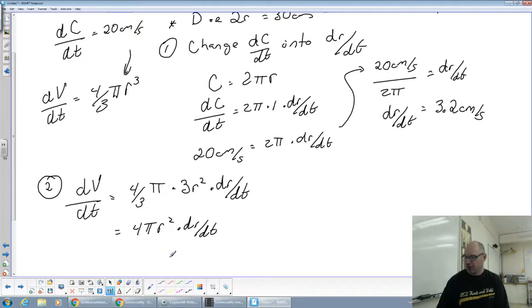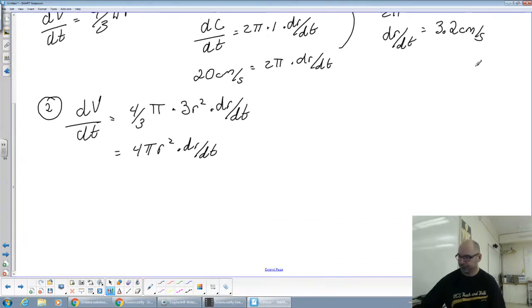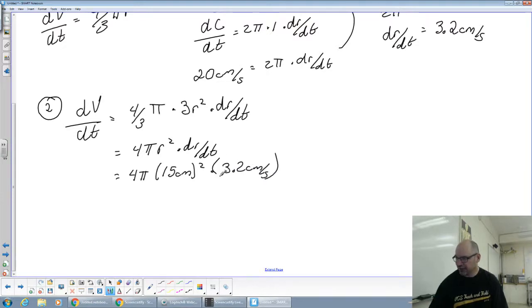Now we plug in the 15 and the rate of change, 3.2 centimeters a second, to get our answer. So we end up getting 4 pi times 15 centimeters squared times 3.2 centimeters a second for dr/dt.